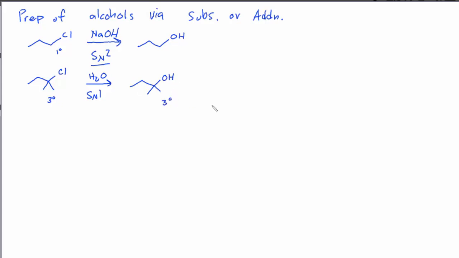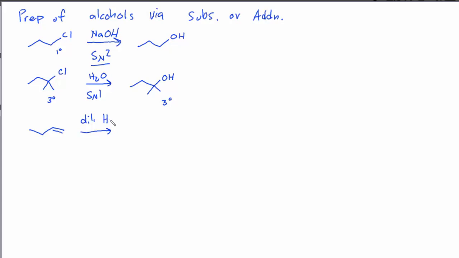We end up with a tertiary alcohol as our product. So we can make alcohols via Sn2 or Sn1, depending on the setup of our alkyl halide.